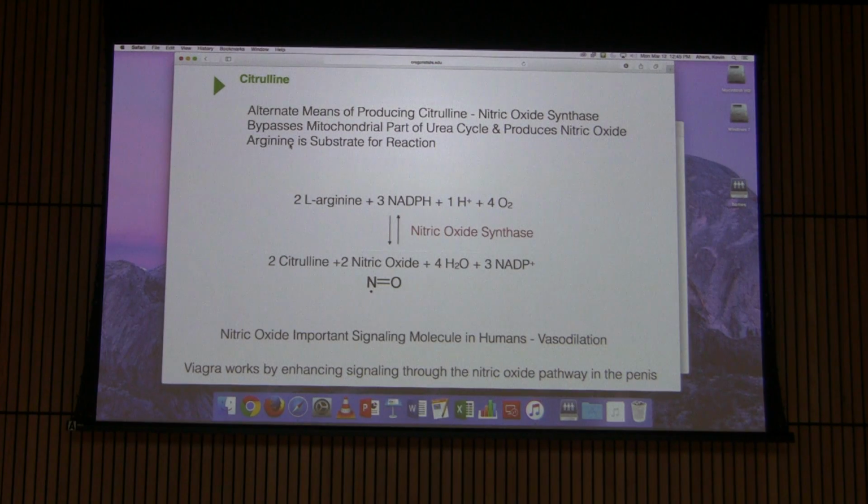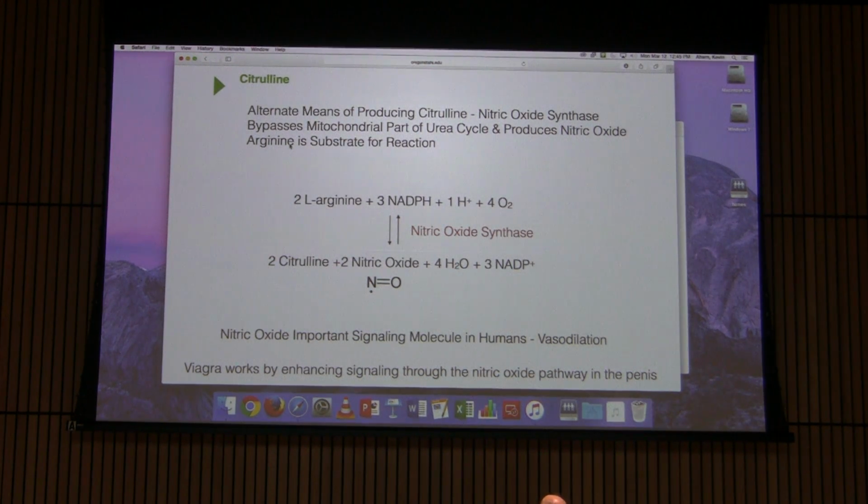So the alternative pathway bypasses the reactions that you saw in the mitochondrion, going directly from arginine to citrulline. Now, if you think about that, you've also bypassed the formation of urea.